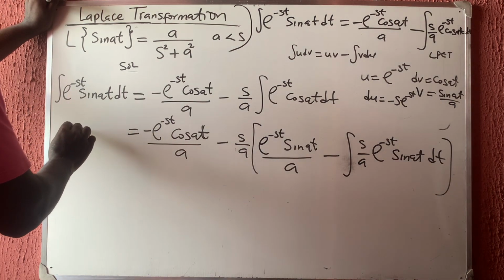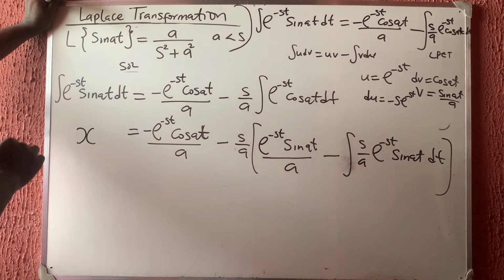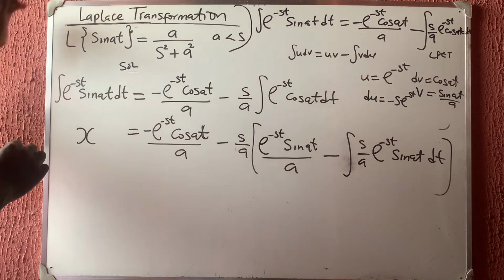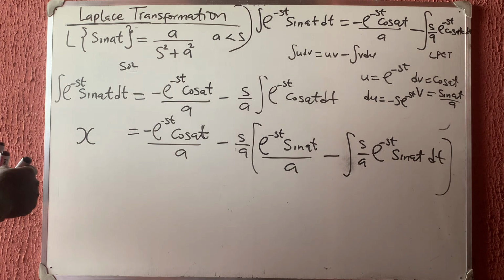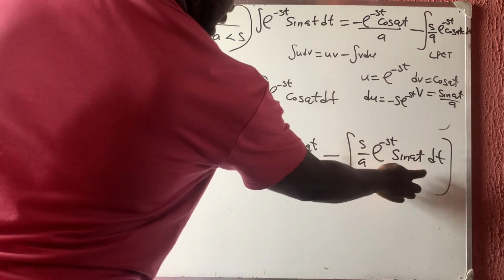Don't forget that this person, we call x. So if you call this person our x, then we see that we still have another x here.